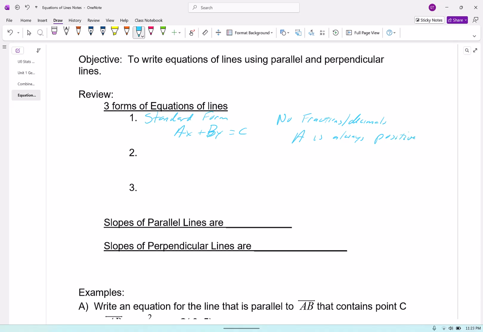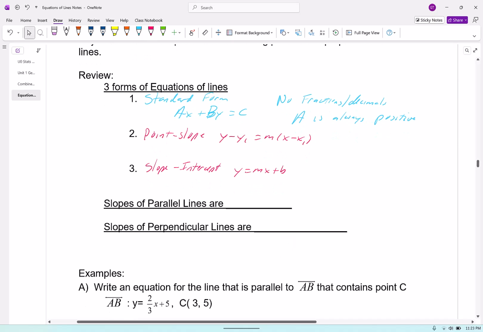Then I got my point slope, which is y minus y1 equals m times x minus x1. We need a point and the slope. And then I got my slope-intercept form, y equals mx plus b. Again, m equals my slope, and I can plug that in for each.